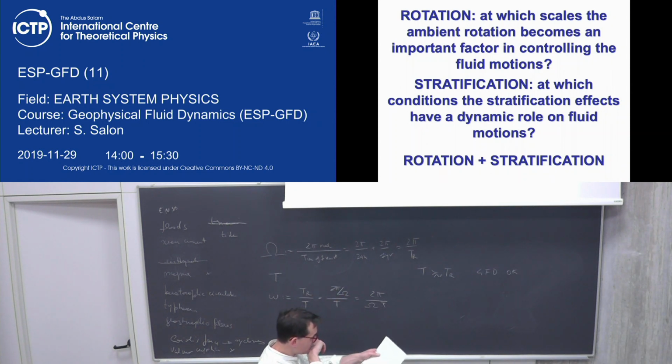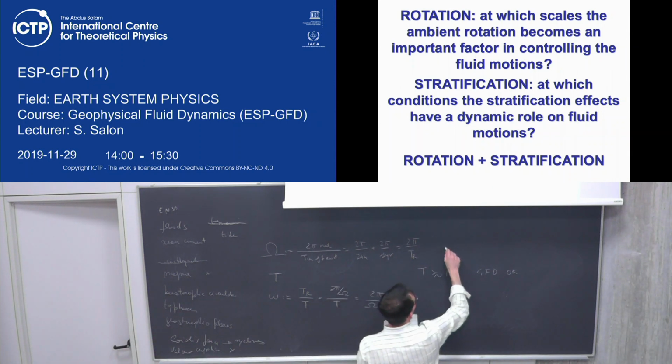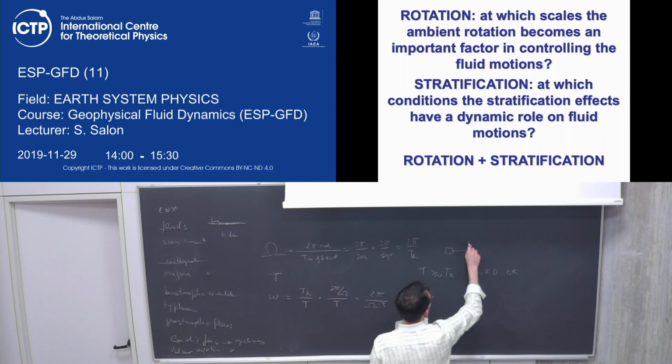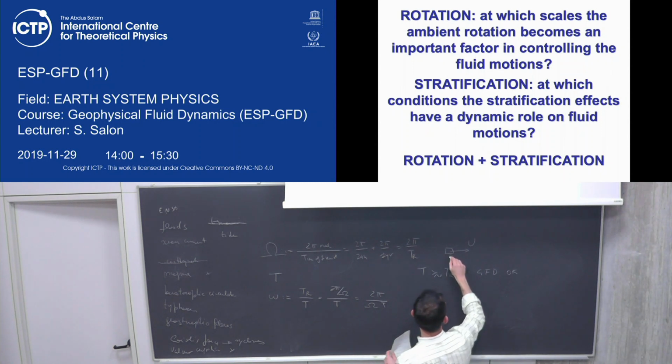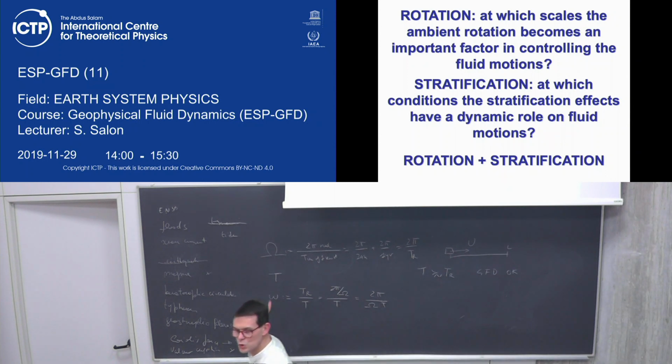Okay, so I can also think about another thing. If I have a parcel traveling with a velocity u over a certain length L, this is just the evolution of the parcel with its time scale, like we said before with the cyclone.